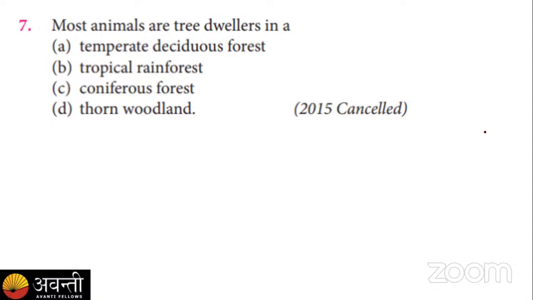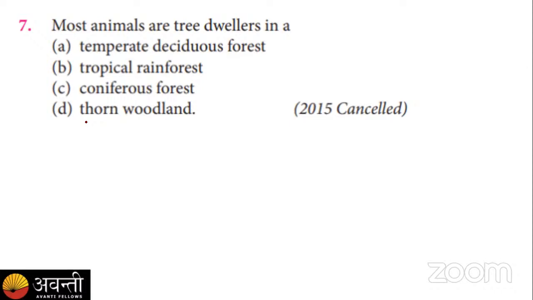And among these four options, the densest vegetation is only found in the tropical rainforest, right? So yes, your answer is correct. Option B is the correct answer. Not the temperate, not the coniferous, and not the thorn woodland. Okay.